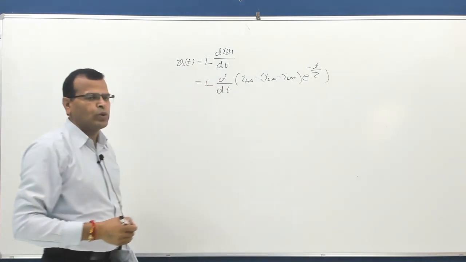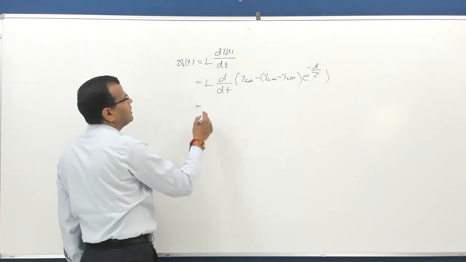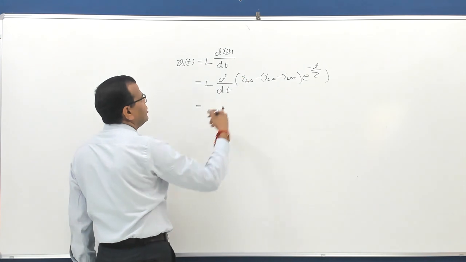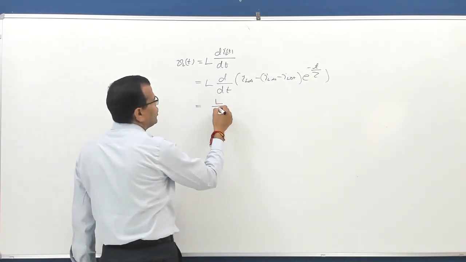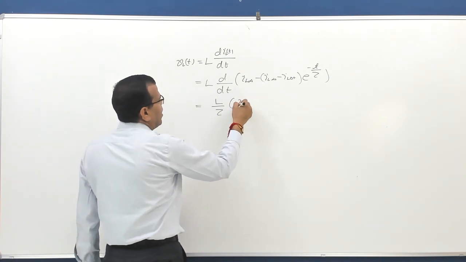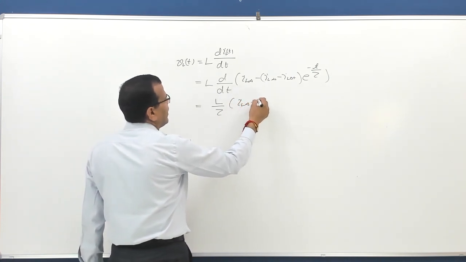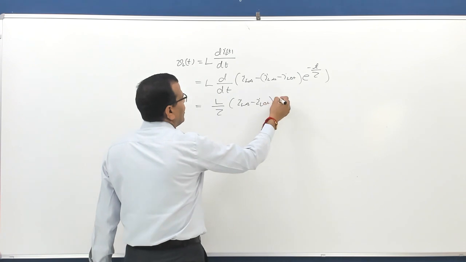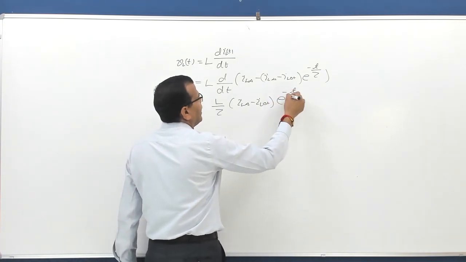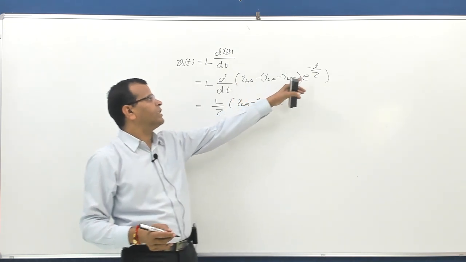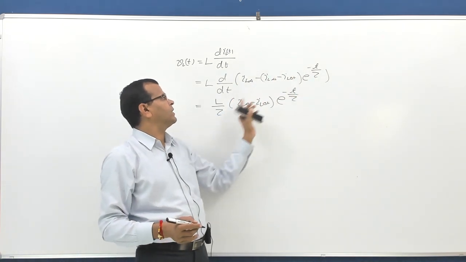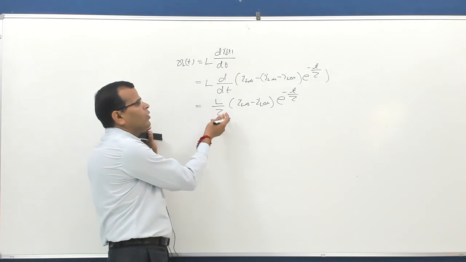Now please see this, when you differentiate it you will get L by tau times IL infinity minus IL 0 plus, into e raised to power minus t by tau. I hope you understand this. The constant term will be 0, and differentiating the exponential you will get a minus minus plus sign, L by tau. And you know what is tau?